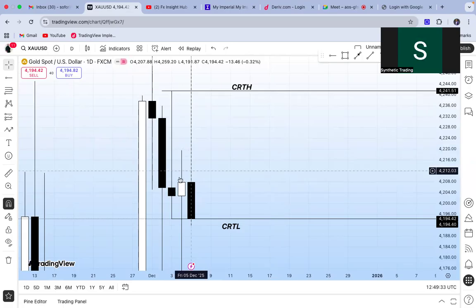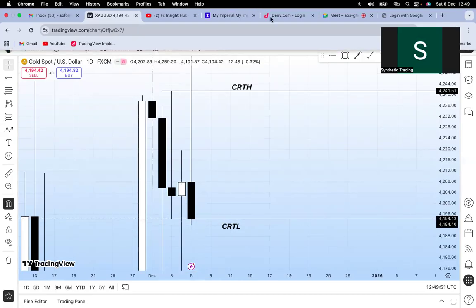It says that the next candle should sweep the low or the high of your range. So in this case, the candle swept the low of what? Wednesday's candle.